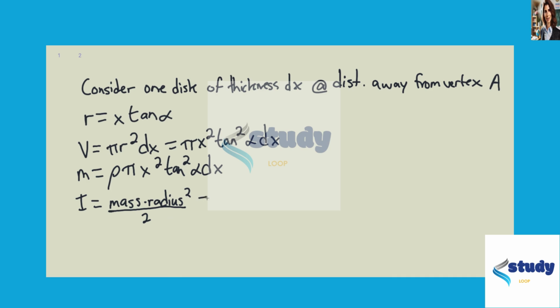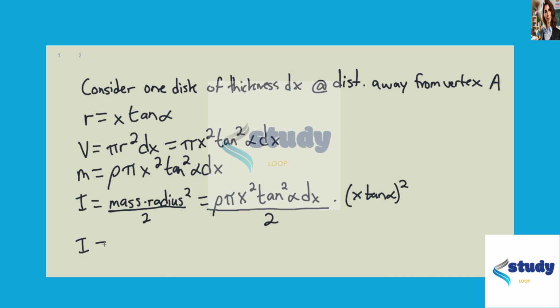And at this point, we can plug in for our mass, and we have rho pi x squared tangent squared of alpha dx all over 2 times x tan of alpha squared. That would be our radius term. And at this point, we can say that I is going to equal rho pi x to the 4th tan to the fourth alpha dx all over 2.